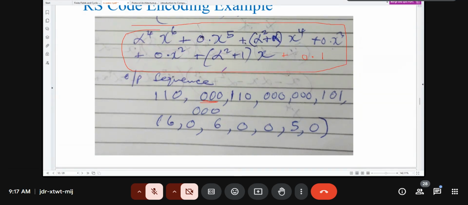Now, this is what I intend to do. We have 4 weeks remaining.